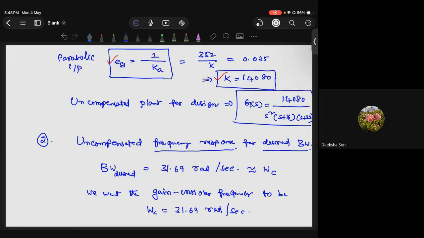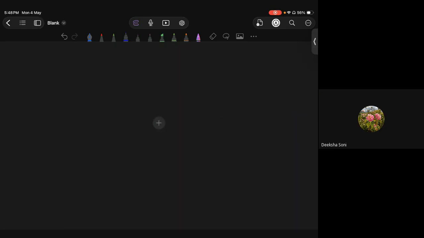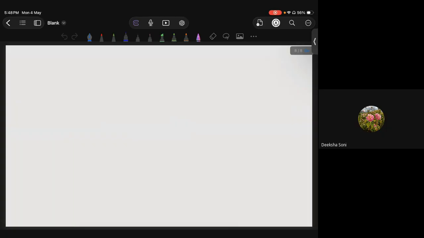Next we'll find both magnitude and phase for this frequency. First, magnitude. We have G of s equal to 14080 divided by s square multiplied by s plus 16, s plus 22.